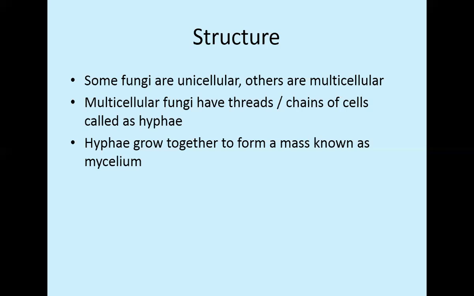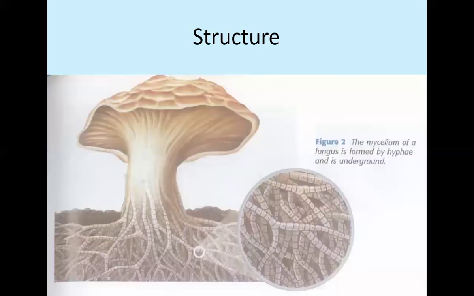Many hyphae collectively make up a mass which comprises the body of the fungus. This collective mass of all of the hyphae is called the mycelium. So the body of the fungi is called the mycelium, and the mycelium in turn is made up of chains of cells which are called hyphae.